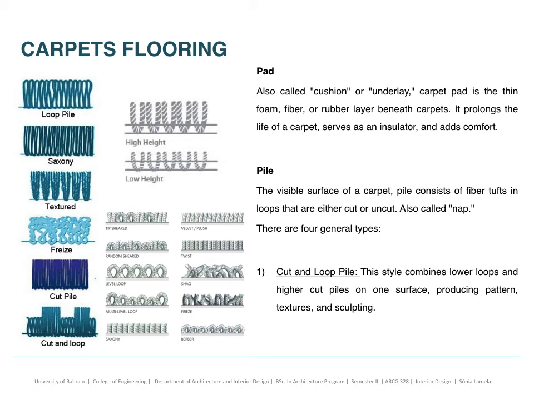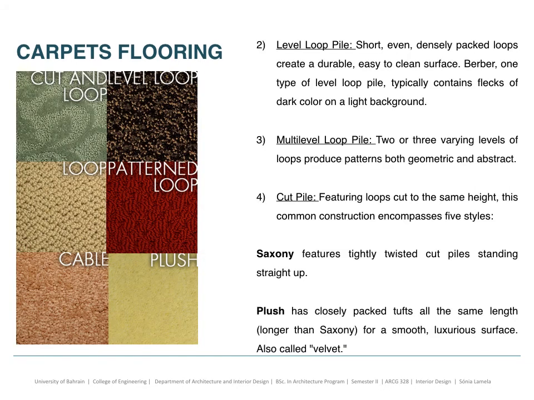And we are going to see four general types. You have the cut and loop pile, then the level loop pile, the multi-level loop pile, and then the cut pile. You can see on the left side how the different types of piles would look. Then we have the Saxony, that features tightly twisted cut piles standing straight up. Then we have the plush, closely packed tufts all the same length for a smooth, luxurious surface, also called velvet.